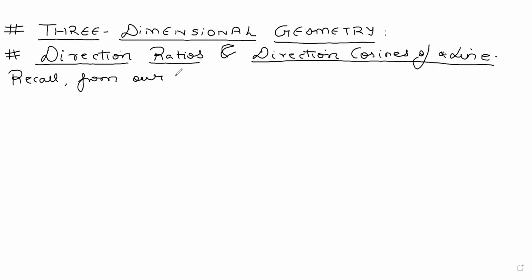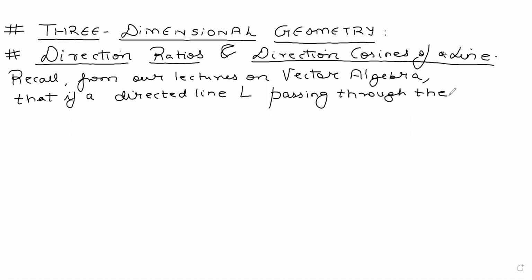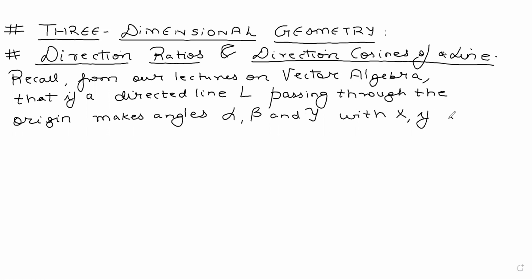Recall from our lectures on vector algebra that if a directed line L passing through the origin makes the angles alpha, beta, and gamma with the x, y, and z axes respectively.